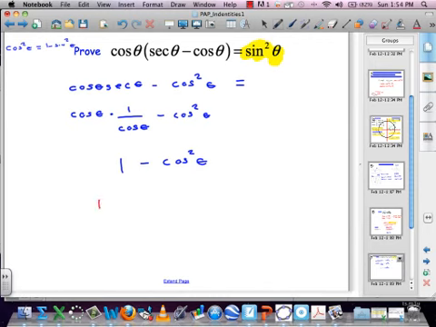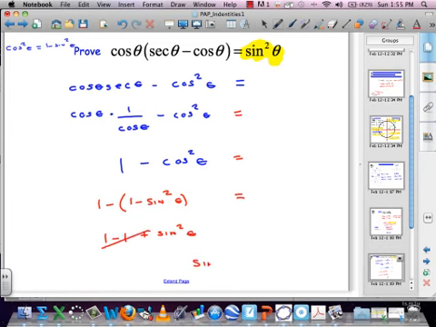So 1 minus, parentheses, 1 minus sine squared theta. I'm replacing: that's equal to that. Now distribute the negative sign. We get 1 minus 1 plus sine squared theta. The 1's cancel, and look what I have.